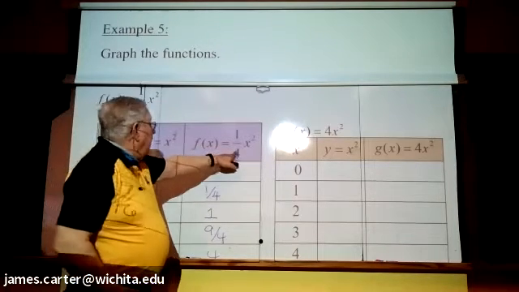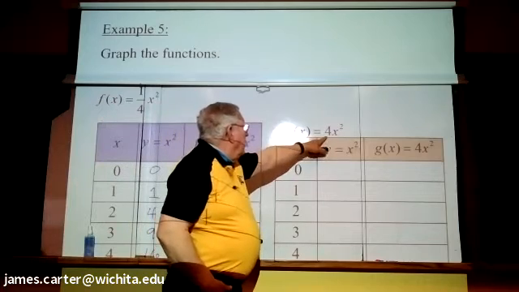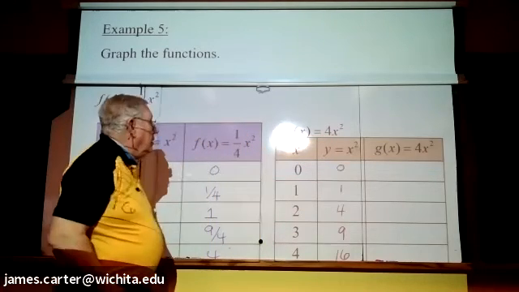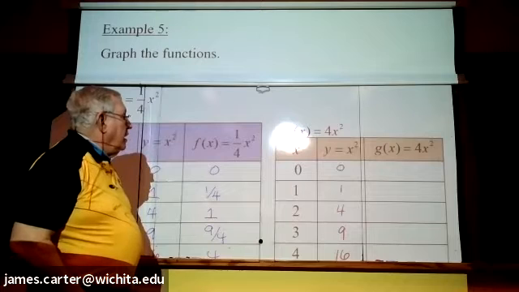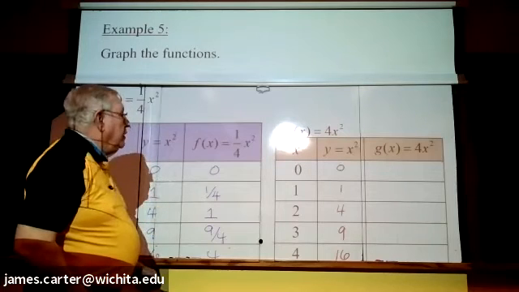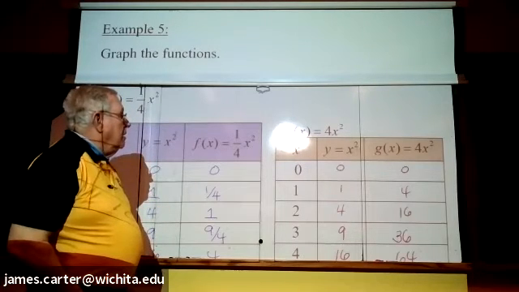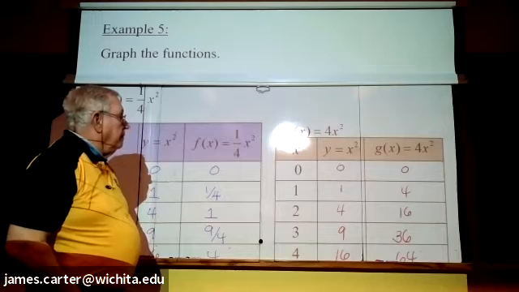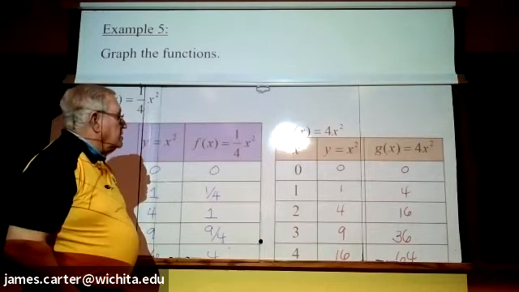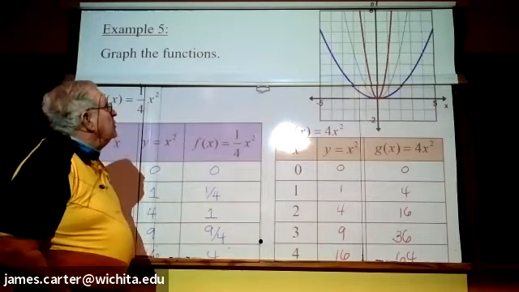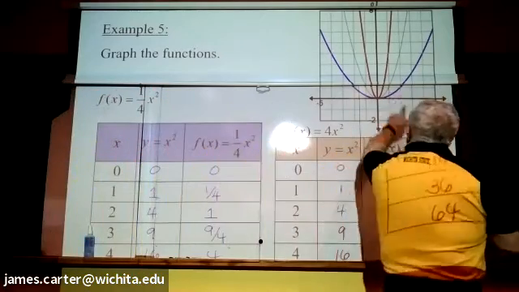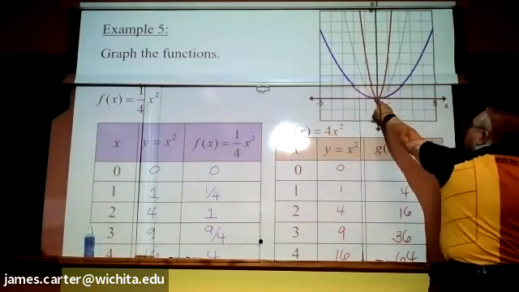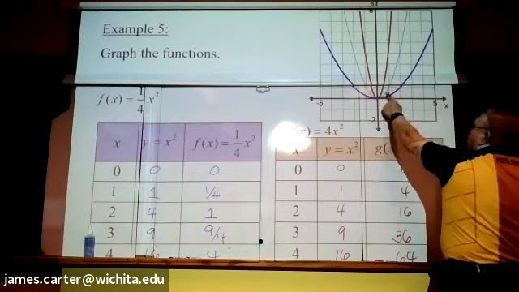Now, instead of having a 1/4, we have a 4. There's the x squared again, same as here, and the 4x squared is g of x. Now, look at this graph. The black is just y equals x squared.